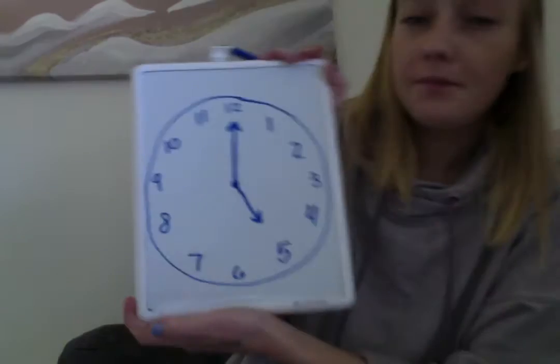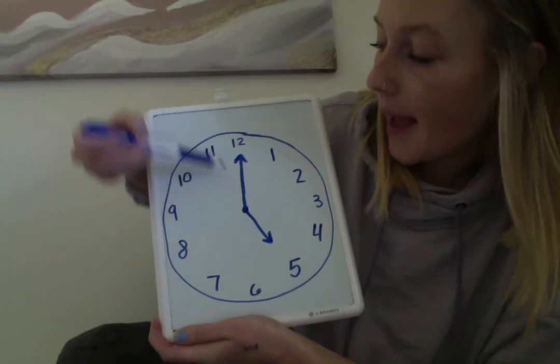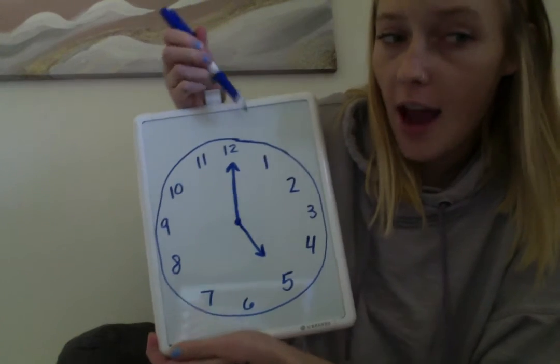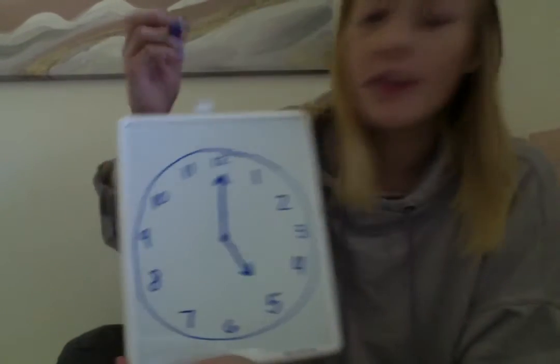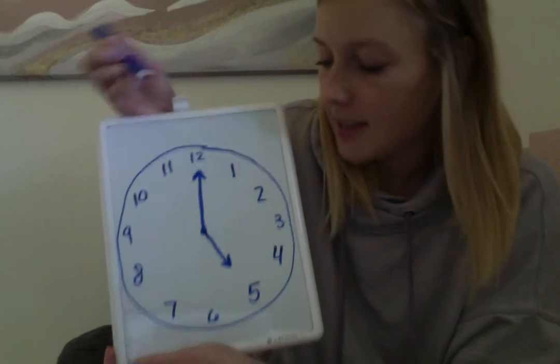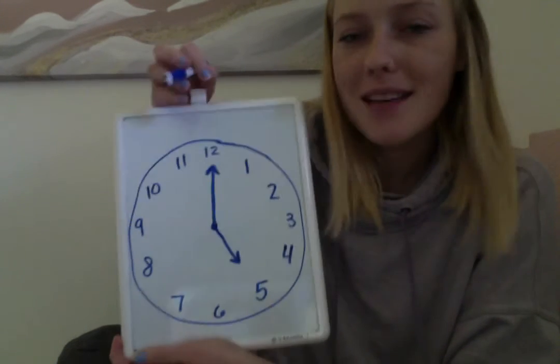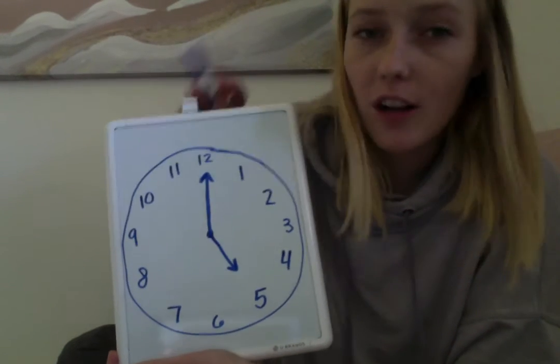For the first one, our longer hand is pointing at the 12, which tells you that it's on the hour. So I already know I'm going to be coloring this clock because this hand is pointing to the 12, it's on the hour. But what time is it? What number is our hour hand pointing to?